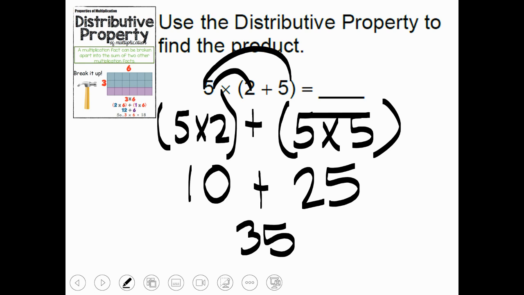So my answer here is 35. And this is actually saying 5 times 7.